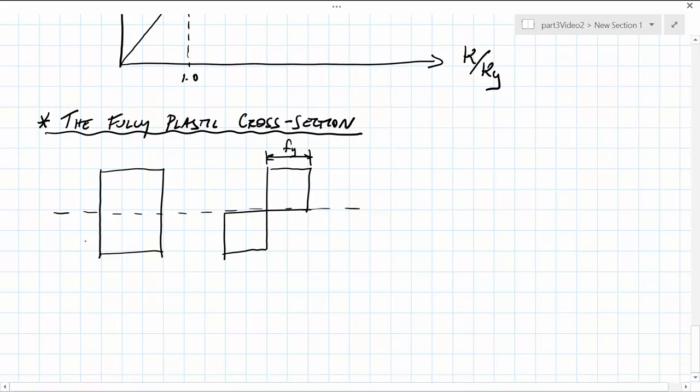We will assume that the lower half of this section is in compression, and the area of that is given by A subscript C, and the upper portion is in tension, given by A subscript T. Correspondingly, the compression force C is located a distance yc from the neutral axis, and the force that's in tension T is located a distance yt from the neutral axis.